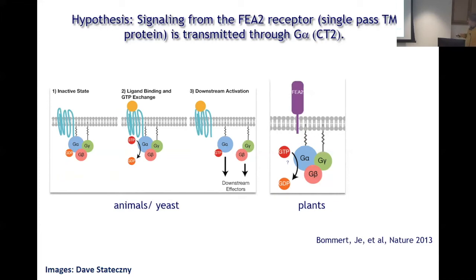But we found that G-alpha interacts with a Clavata receptor, Phe2. And so we published that a few years ago, and I was kind of nervous about publishing something that's so dramatically different between animals and plants. But since then, there have been several other papers showing that indeed G proteins do interact with LRR receptors in plants. So this is both in development and also in defense signaling.